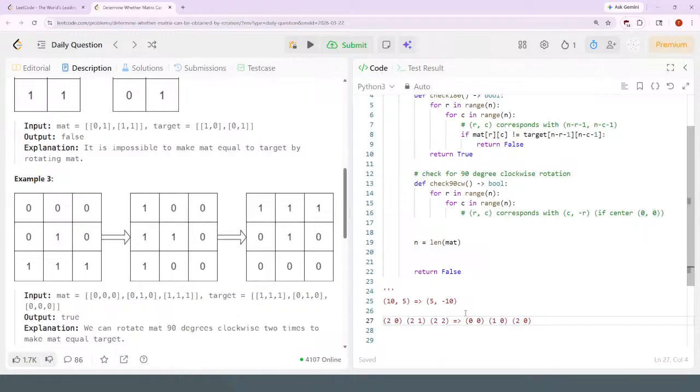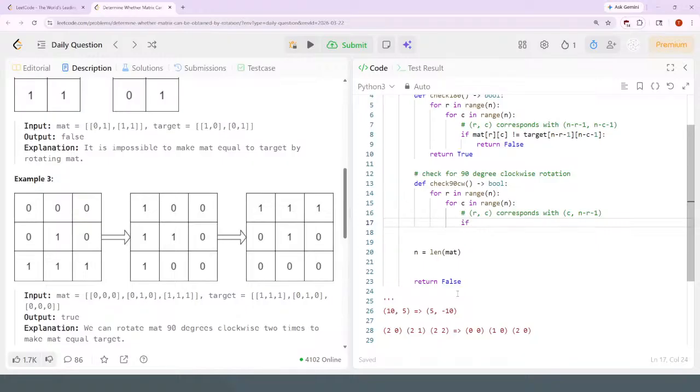and then the elements within that row, or the columns within that row, correspond to the exact same row. Okay. So RC corresponds with C and then n minus r minus 1 with column.